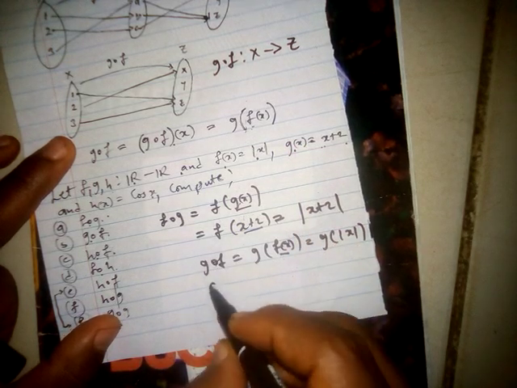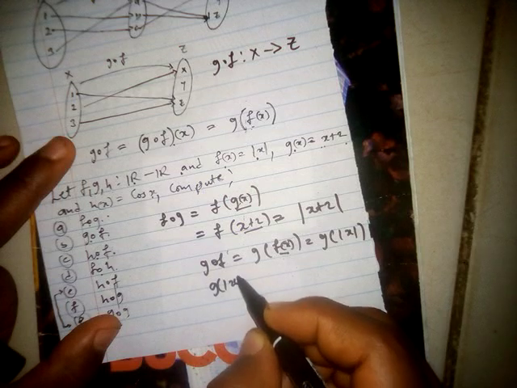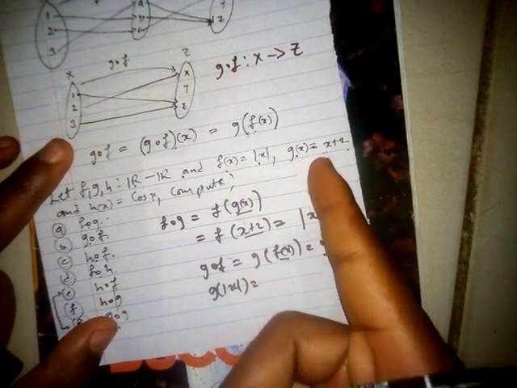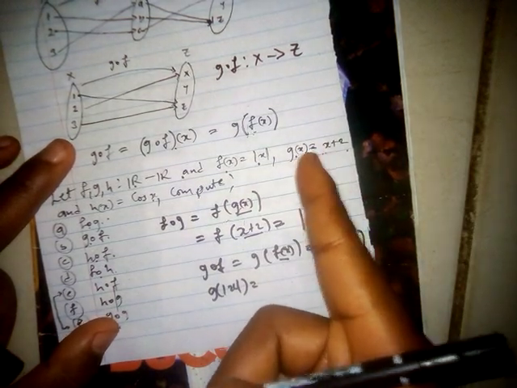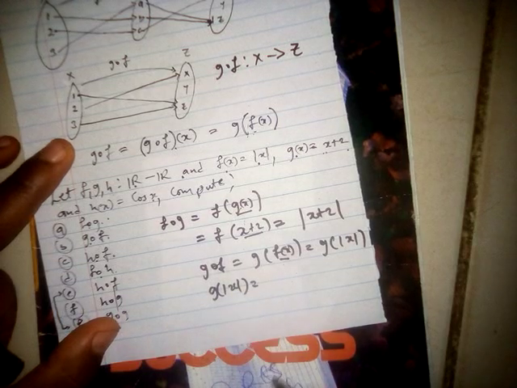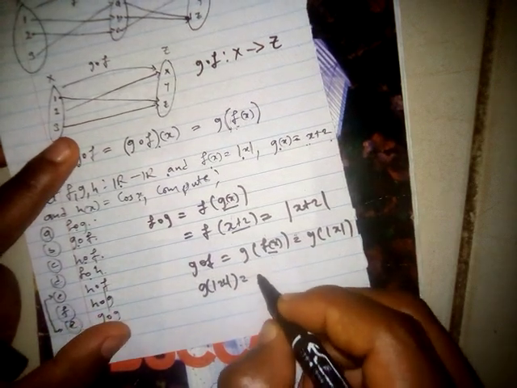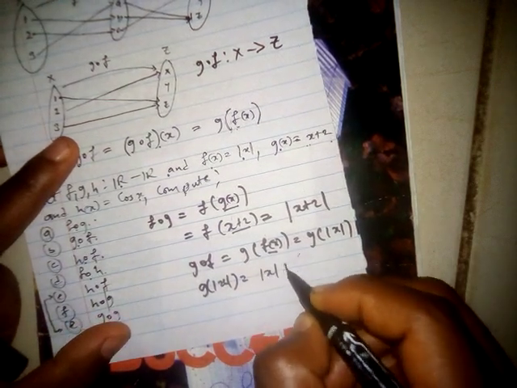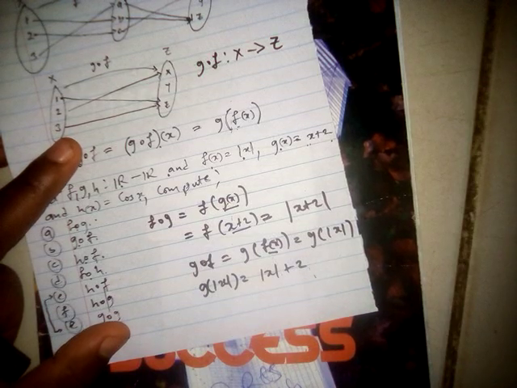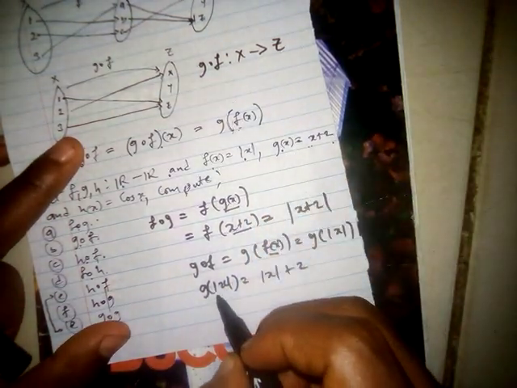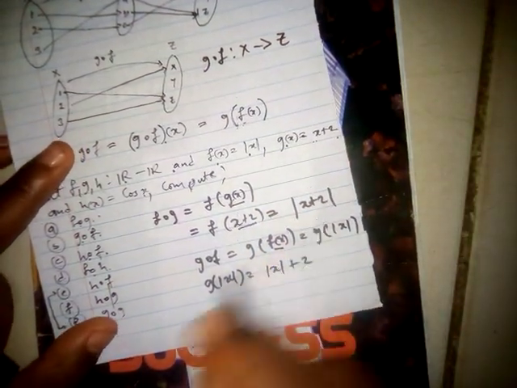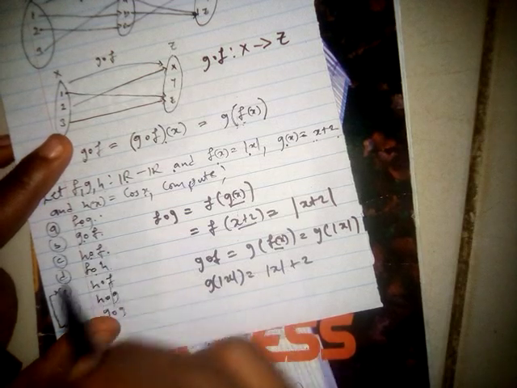So my g of the absolute value of x is equal to the absolute value of x plus 2. So anywhere I see x, just put the absolute value of x.